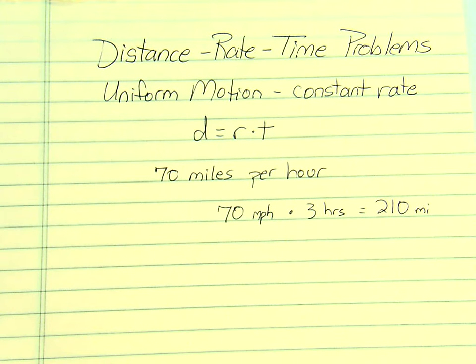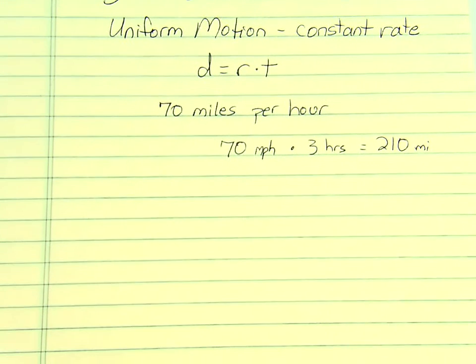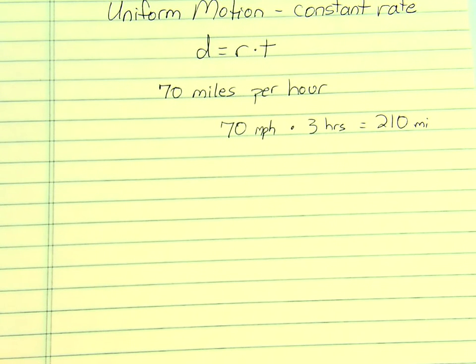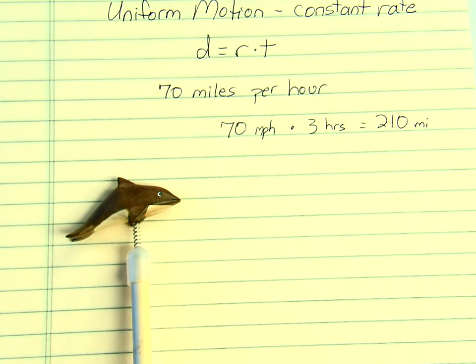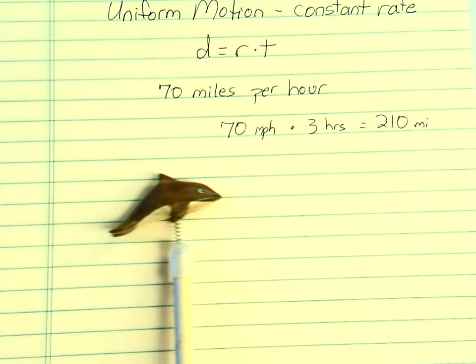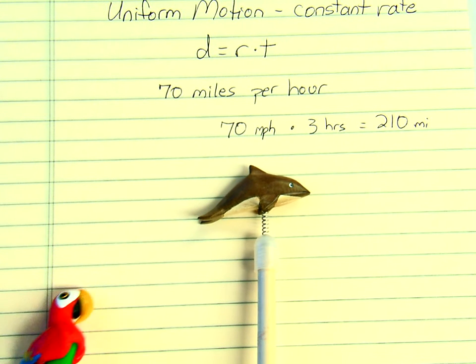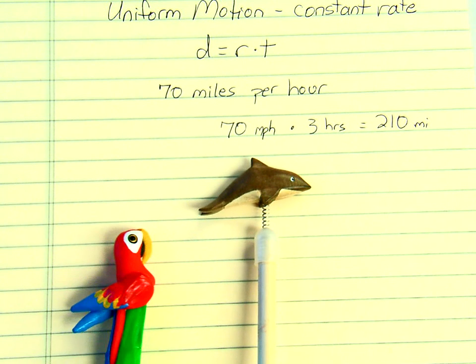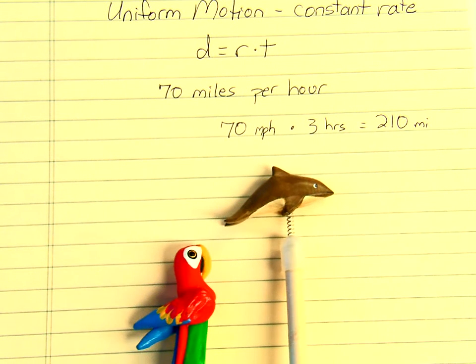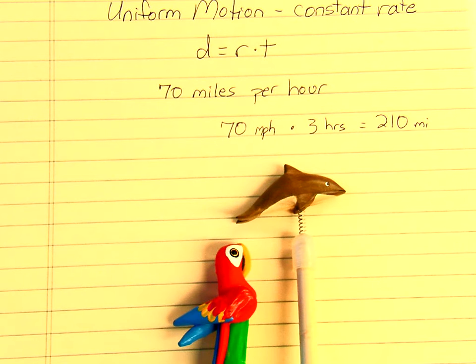So we are going to start quite simply with same direction travel. What we mean in same direction travel is that if one vehicle leaves the station and travels in this direction, and then we have a second vehicle leaving the station, they are going in the same direction.